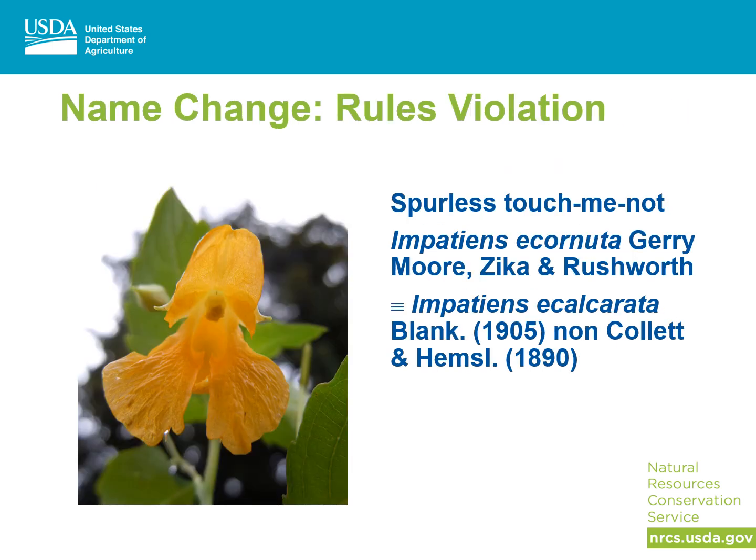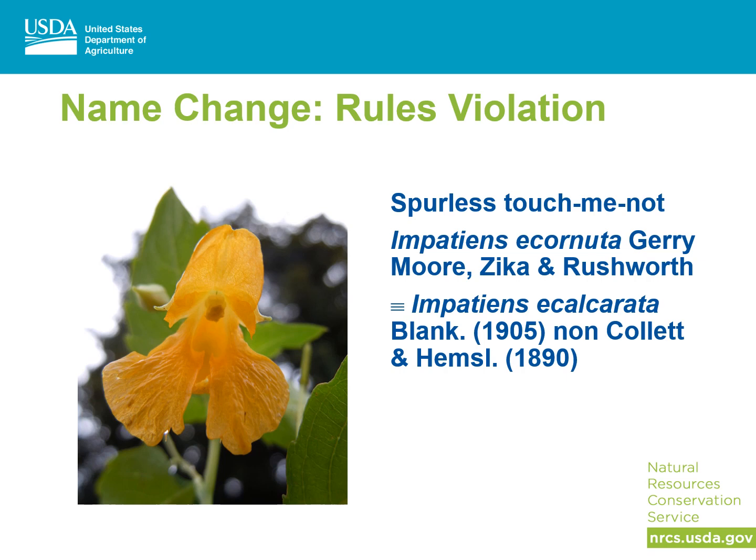Sometimes a species will have a stable taxonomy, but nonetheless it will have to change its name. Such is the case with an impatiens species in the Pacific Northwest. That species was long known as Impatiens ecalcarata. However, further research showed that there was another species in Myanmar that also took the name Impatiens ecalcarata.